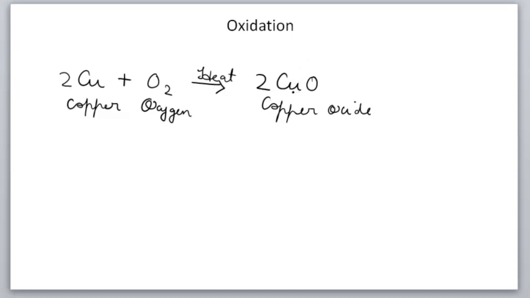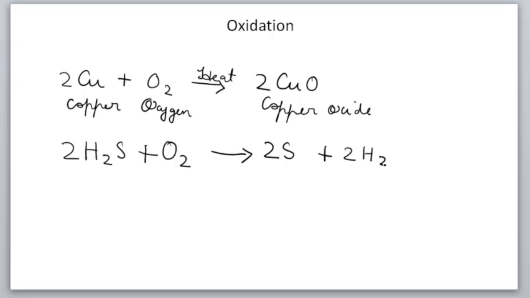So let's look at another example, which is 2H2S, which is hydrogen sulfide, plus oxygen becomes 2S plus 2H2O, which are sulfur and hydrogen oxide or water.